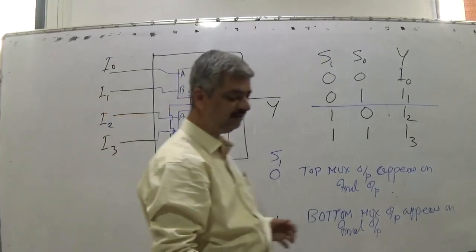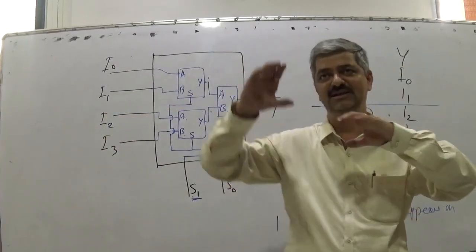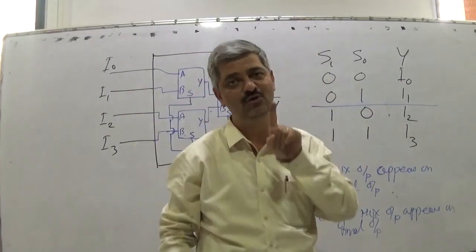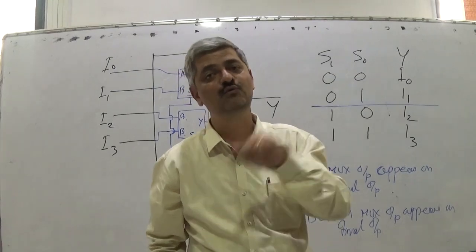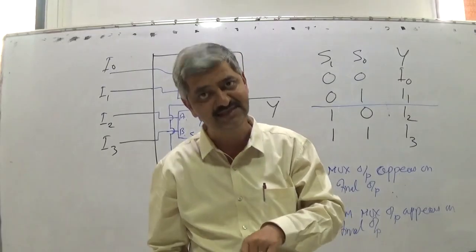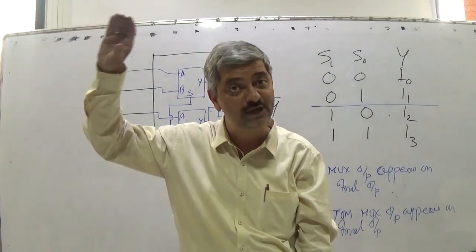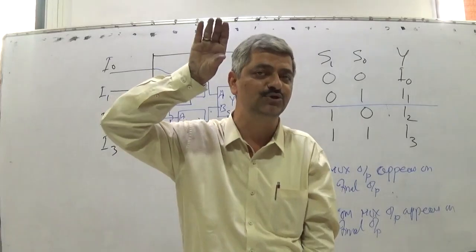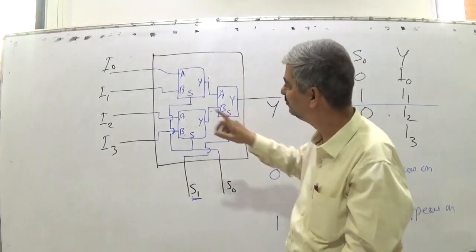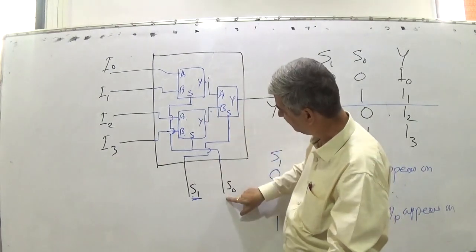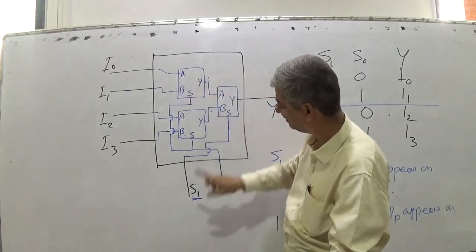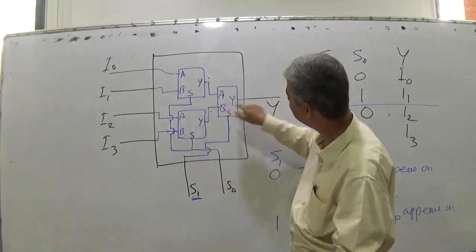So we have got 3 multiplexers: 2 multiplexers in the first layer and one final multiplexer. The S1 bit decides which multiplexer output should come at the total output, and the S0 bit decides which of the 2 inputs should come on the outputs of the first layer multiplexers. Is the idea clear? So S0 selects one of these here and one of these here, and S1 selects either this or this on the final output.